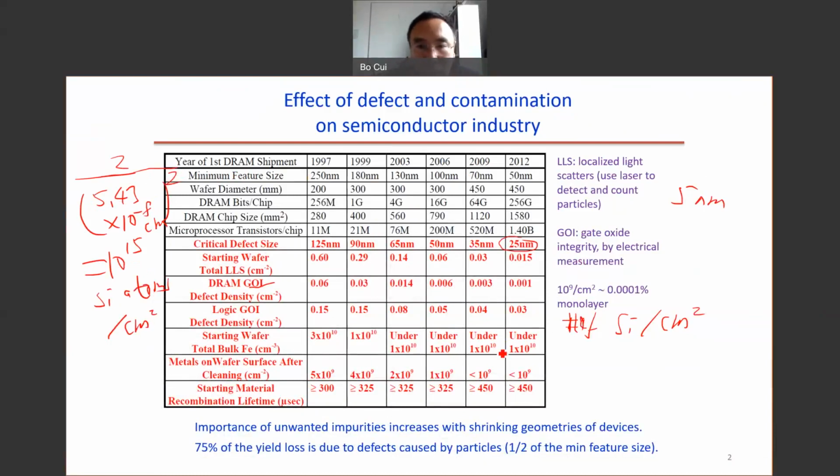So you can see the impurity level, 10 to the power 9, is very small compared to the number of silicon atoms per area.